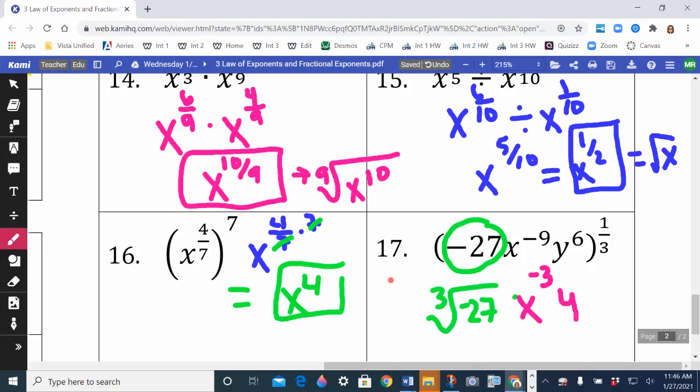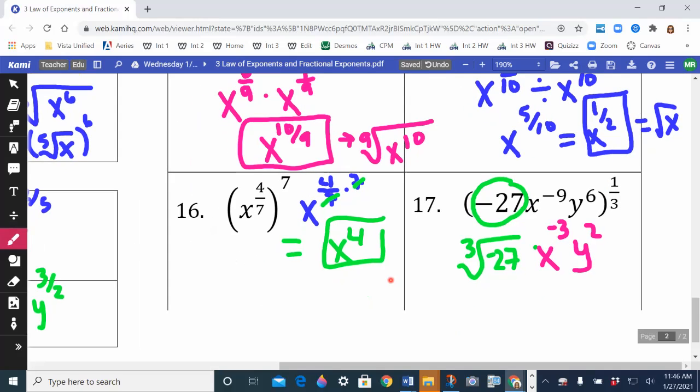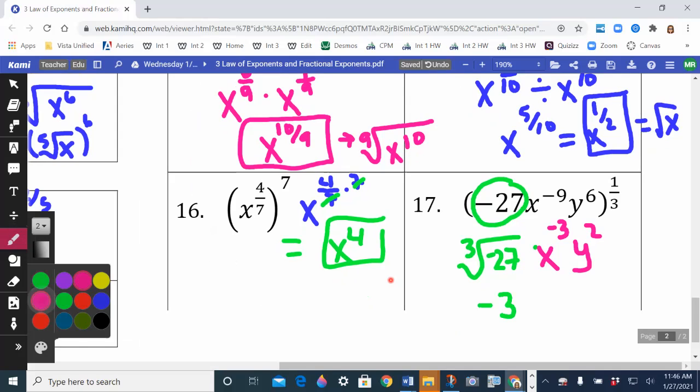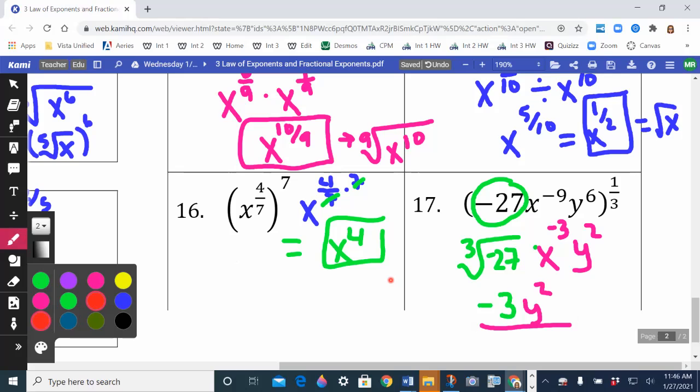For my y, power to power, I multiply, I get a 2. Now I'm going to clean this up a little bit. The cube root of negative 27 is going to be a negative 3. I am going to have my y squared still be on the top.